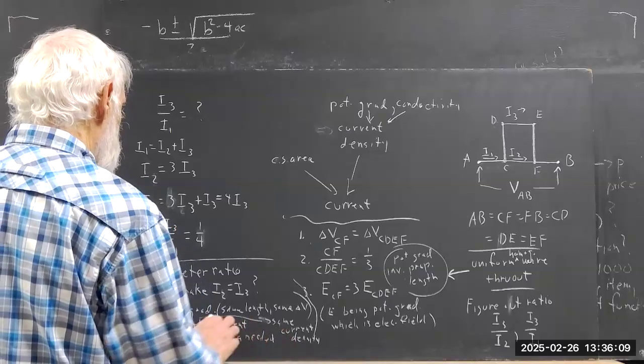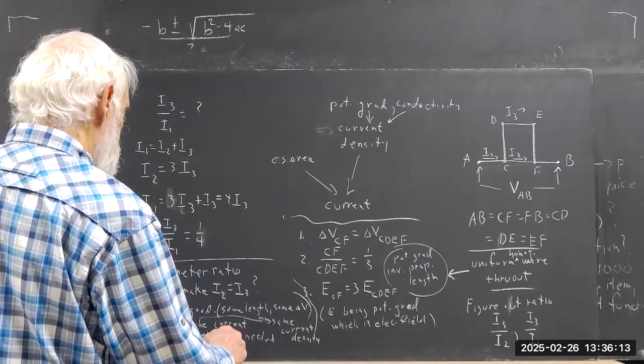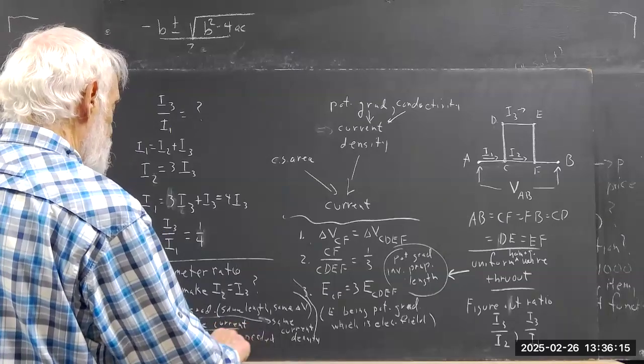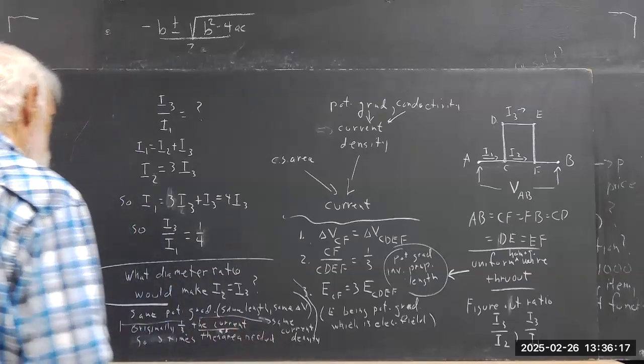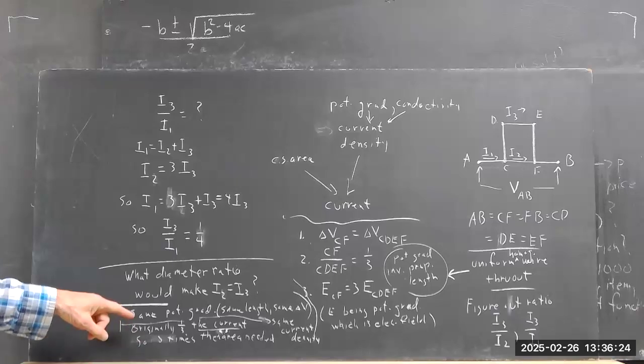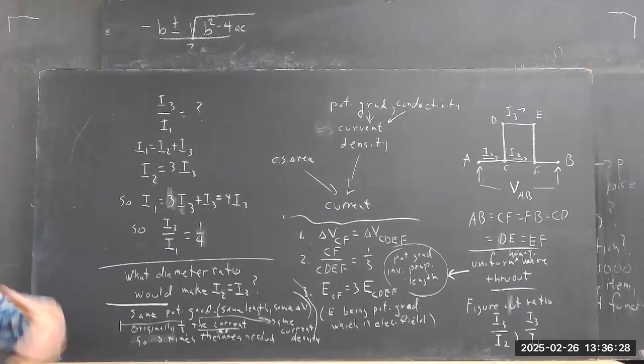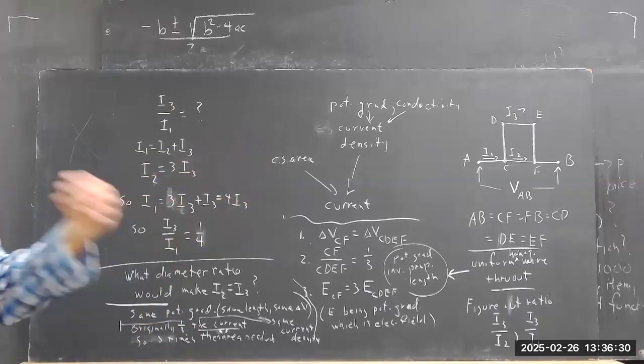So 3 times the cross-sectional area. That's a CS there for cross-section. Pretty small, maybe a little hard to read, but the logic is pretty clear. Same potential gradient, undeniable, because it's the same length and the same potential difference.